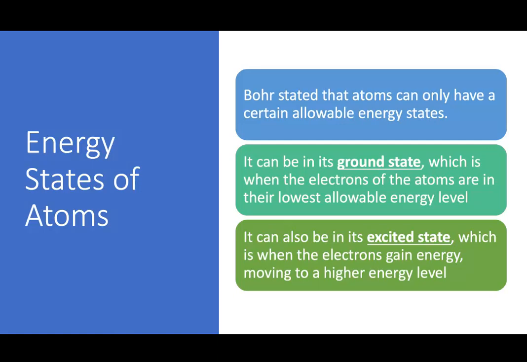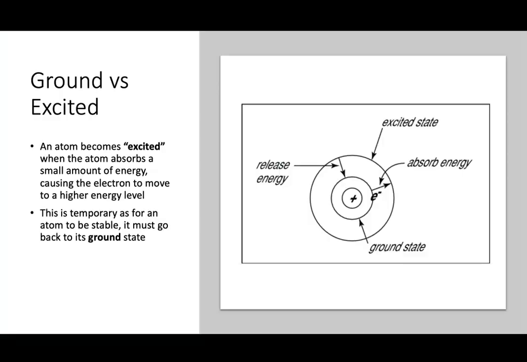If you look at this picture, when energy is absorbed, those electrons can move up an energy level. But when it releases that energy, it goes back to its ground state. So I need to make sure everybody understands the difference between ground and excited state.